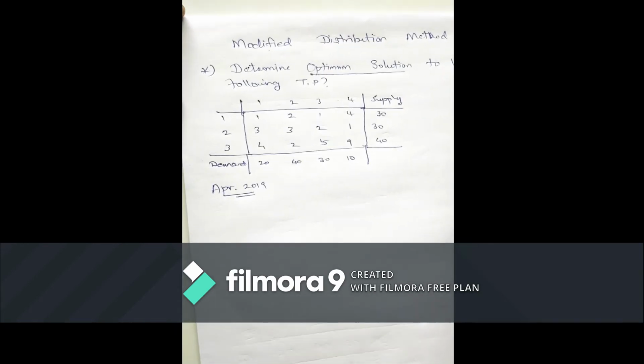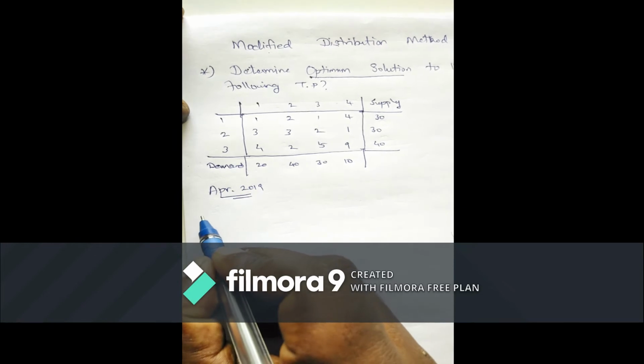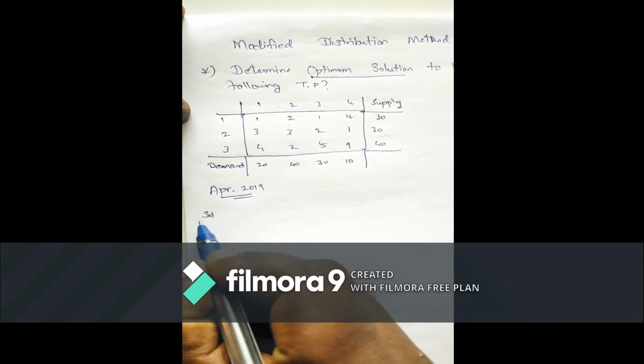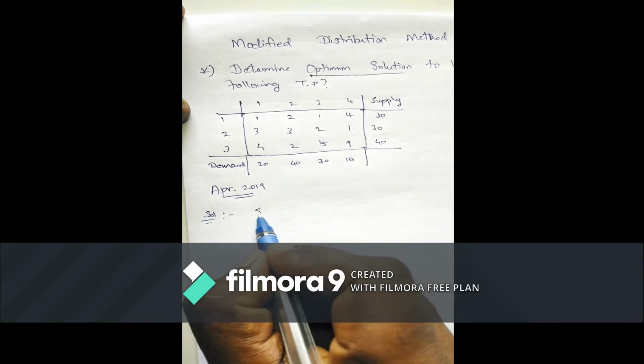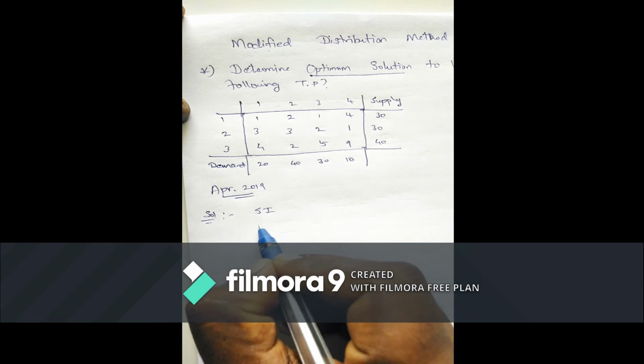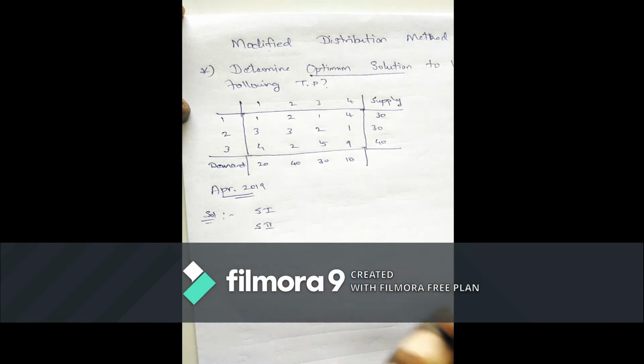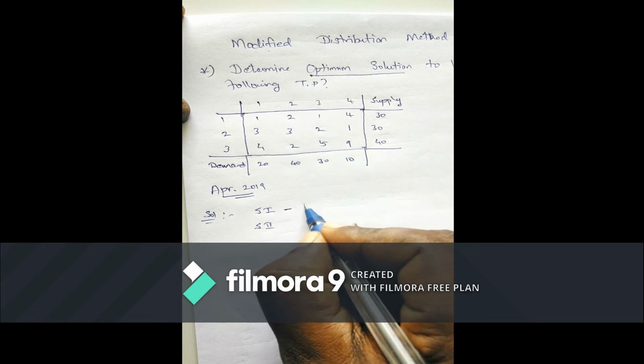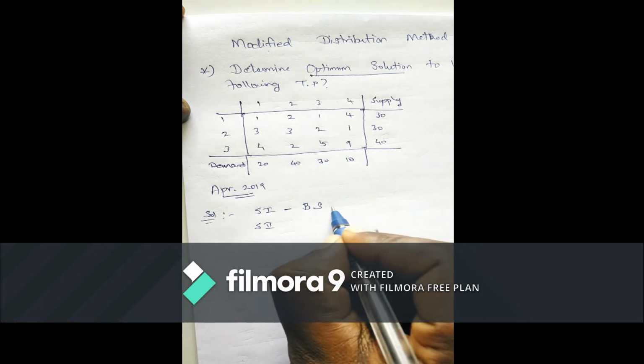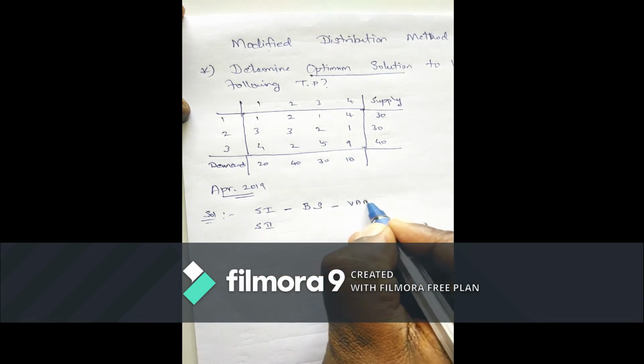For the solution, there are two stages. Stage number 1 is to find the basic solution by using the VAM method.